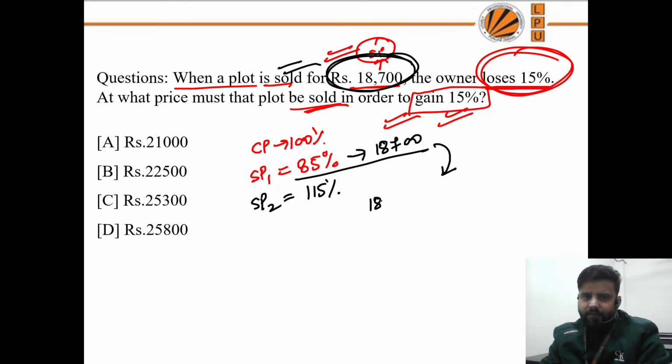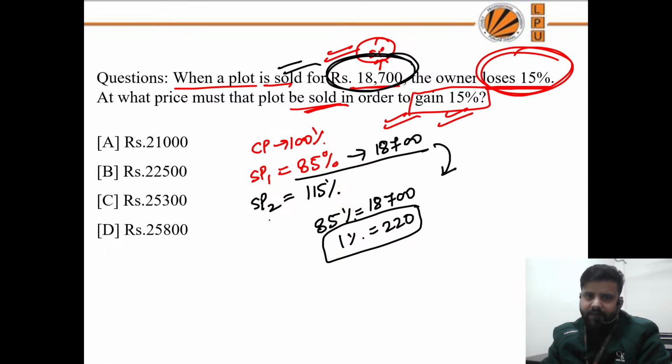So when you solve it, 18700 divided by 85 percent, is equal to 1870. So from here 1% is equal to 220. It is the value of 1%.